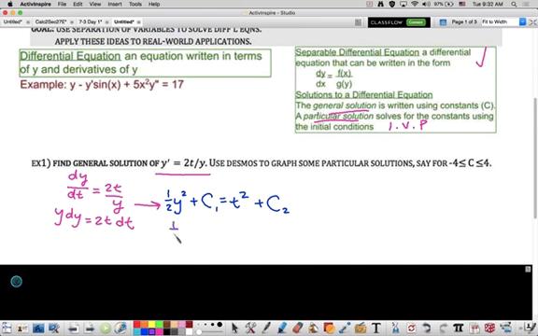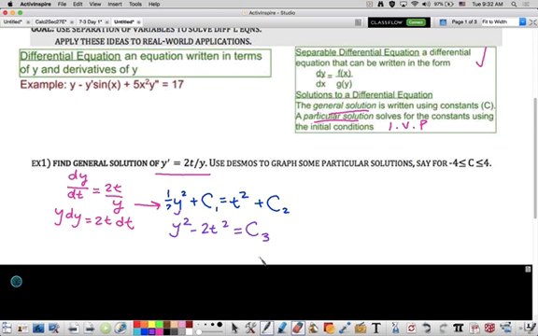I'm going to simplify this actually. Okay, multiplied everything by 2, subtracted over the 2t squared, moved the c1 over. I don't care what it is, because it's just a constant. Doesn't matter.